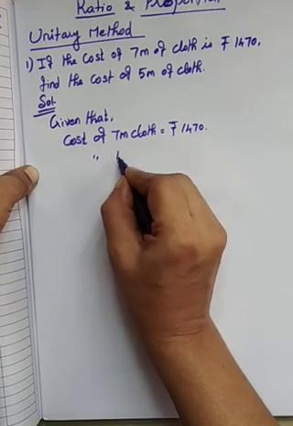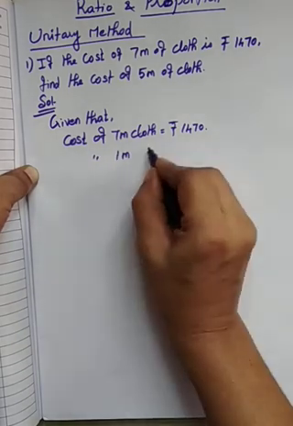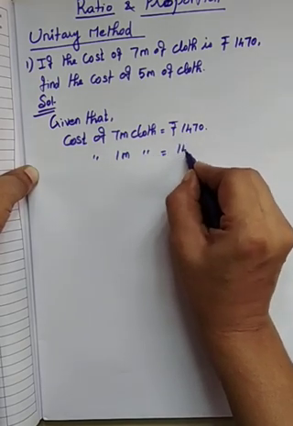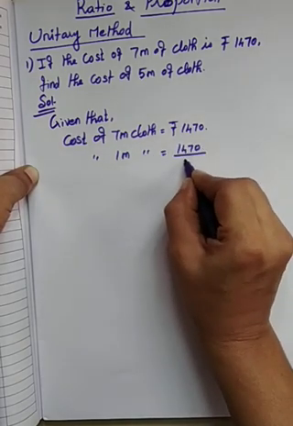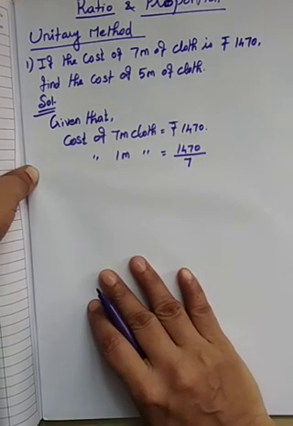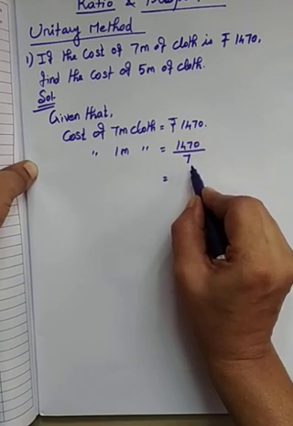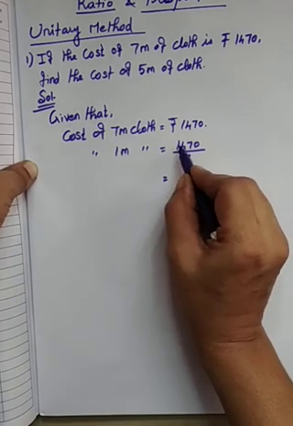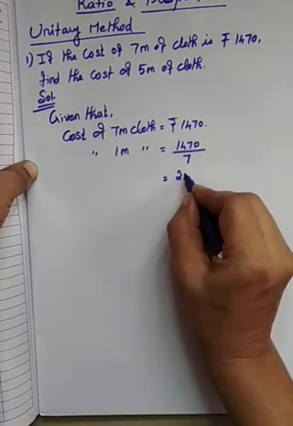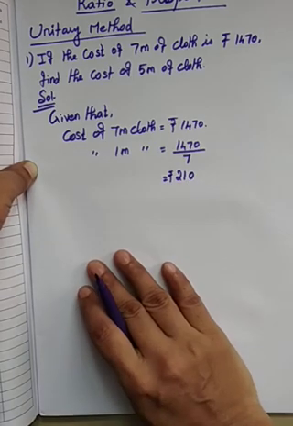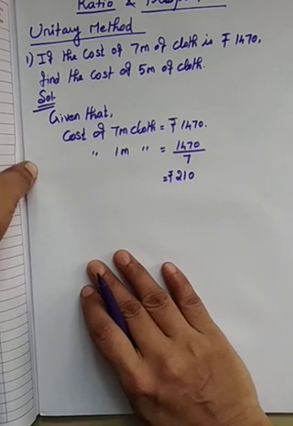Okay, so cost of 1 meter cloth is equal to, you have to write this value divided by 7, right? See here, what is the value of 1470 divided by 7? How many 7 in this 14? 2. In this one, 1, 0. So 1 meter cloth amount is 210.